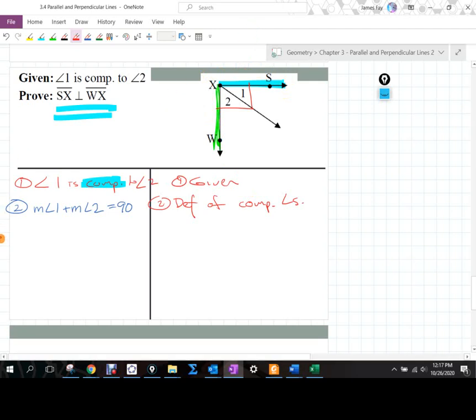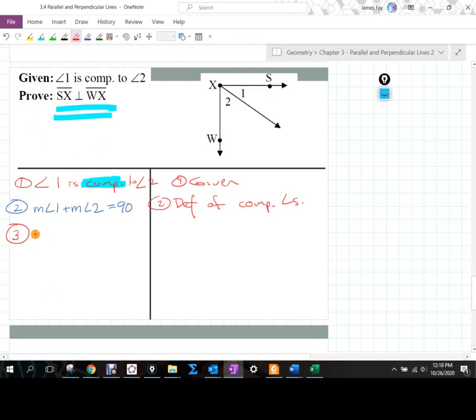So what I'm going to do next is I'm going to look at my picture and think about what I can do with my picture. And there's not a whole lot that I can do. My picture, if you remember back to the pointers that I gave you, if you're stuck and you don't know what to do, look at your picture. And if it has angles in it, you probably want to use angle addition.